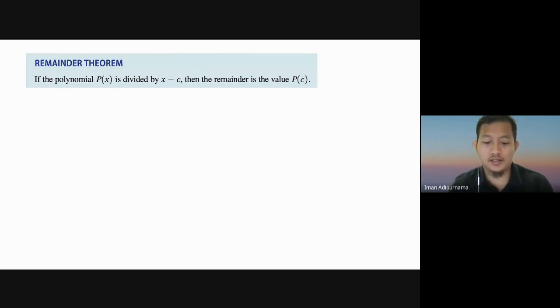Okay, how do we get this? This reasoning is logically correct.